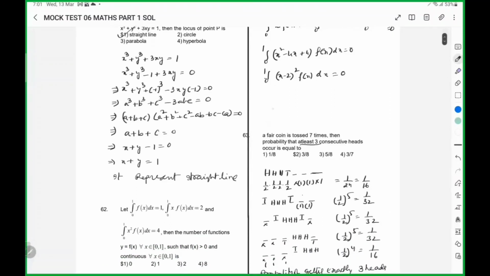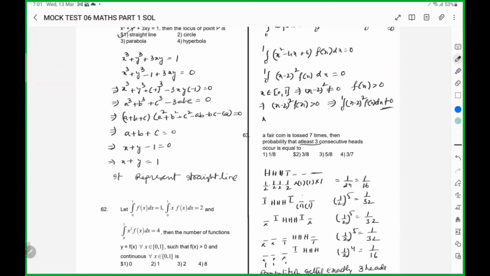So here it is given x is in 0 to 1. So (x minus 2) whole square cannot be 0. And f of x is also given greater than 0, which implies the integral from 0 to 1 cannot be 0.